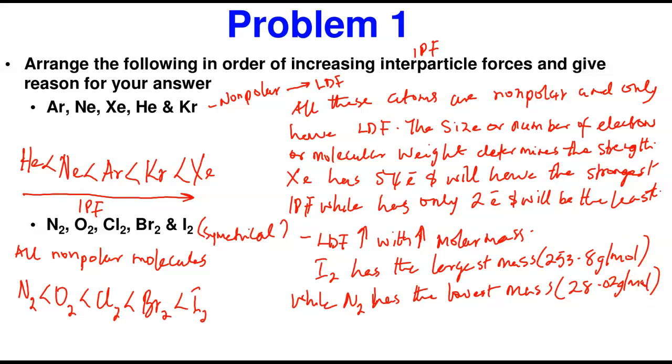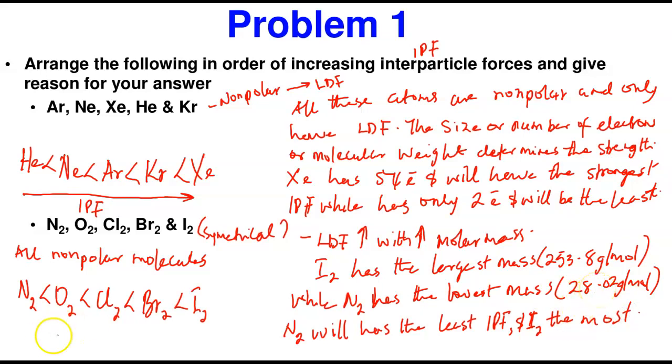So what that simply means is that N2 will have the least IPF, and iodine will have the most. And this is the arrangement in increasing order of strength of the intermolecular force. Good.